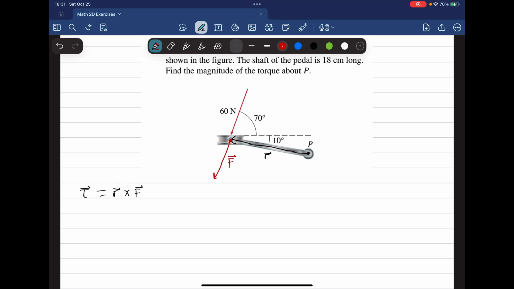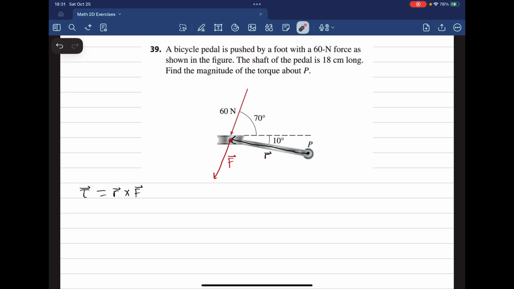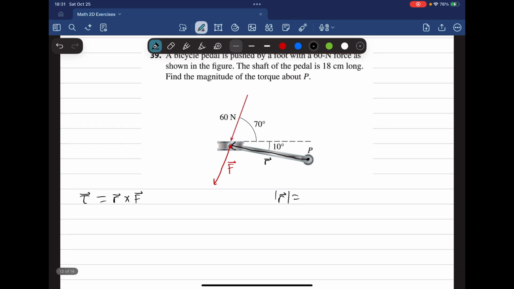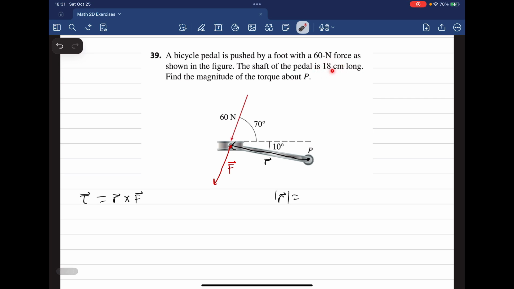And so we need to calculate this cross product. Because we're already given the magnitudes of the position vector r from the problem statement, we know that r is 18 centimeters long.